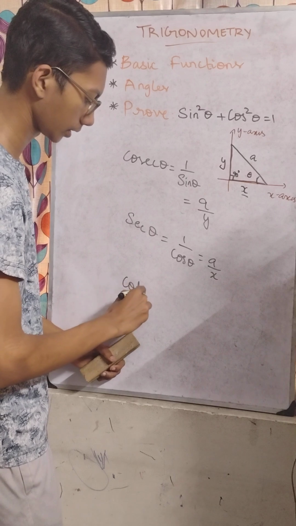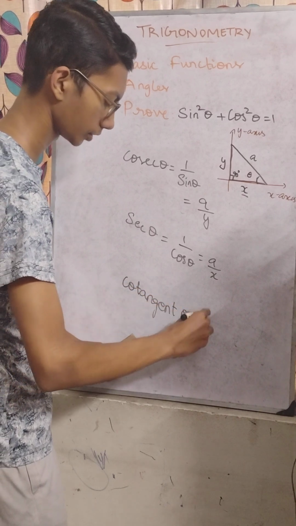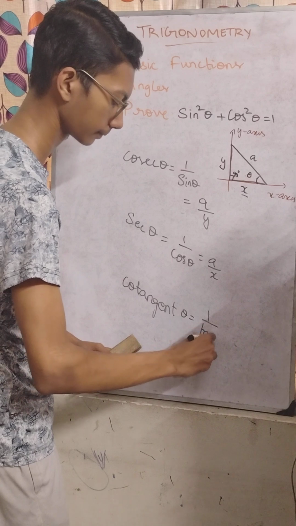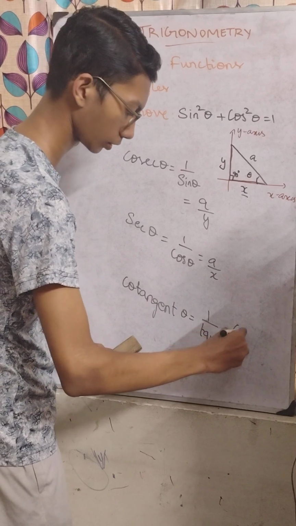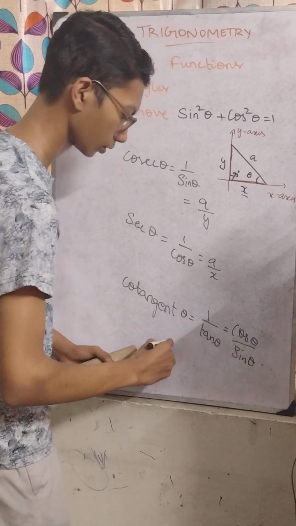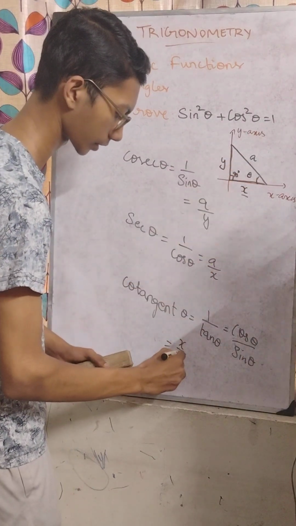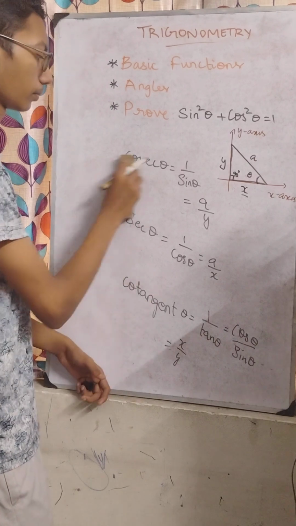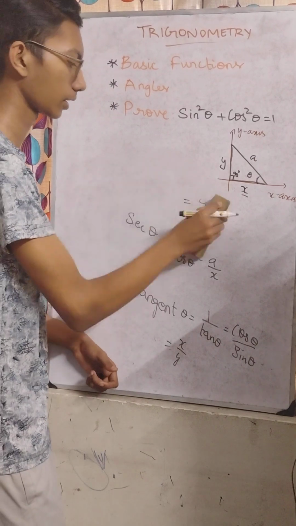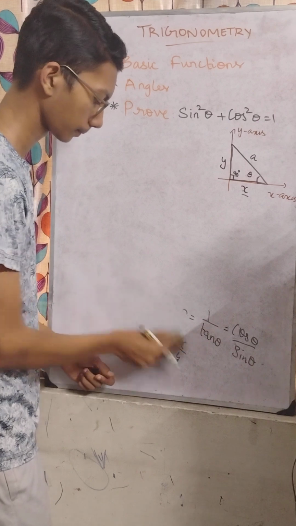For cotangent theta, which is 1 by tan theta, which is also cos theta by sine theta, that is adjacent by opposite, so here we have x by y. This is what each function implies. This is also a basic thing.